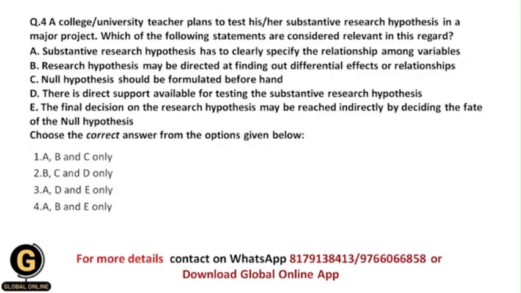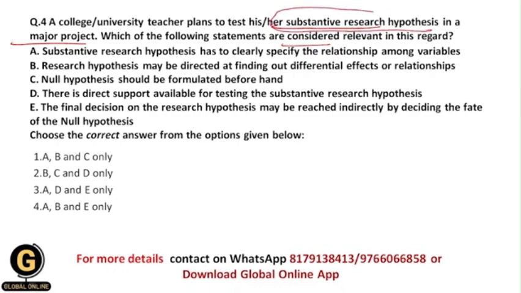Okay, a college or university teacher plans to test his or her substantive research hypothesis in a major project. Which of the following statements are considered relevant in this regard? So the teacher is planning to test his or her substantive research hypothesis.